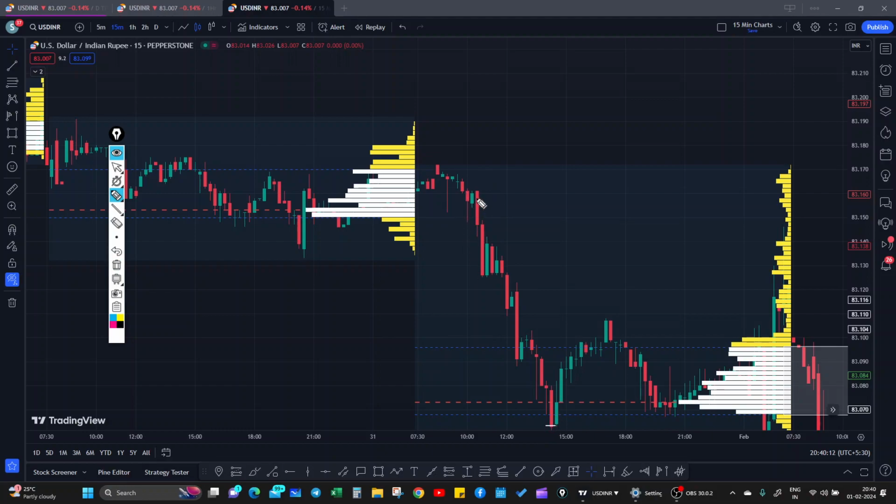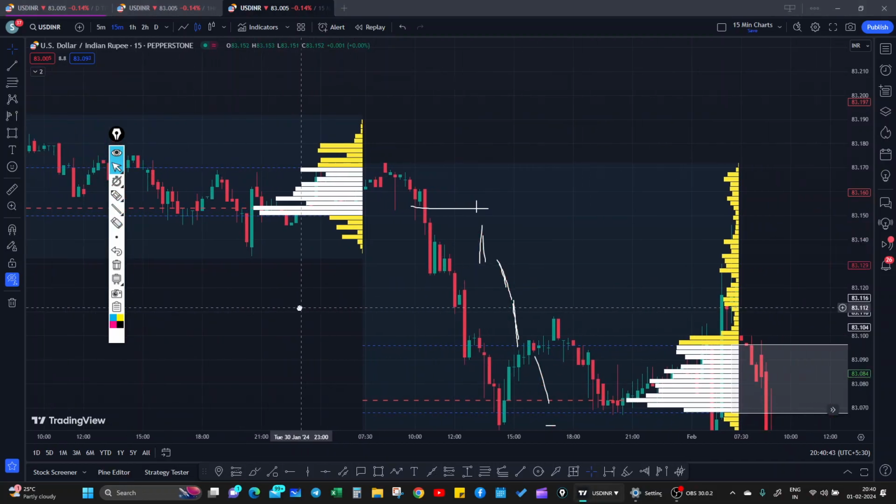You would have taken out 1, 2, 3 and 4 moves after the POC, the point of control, is breached.